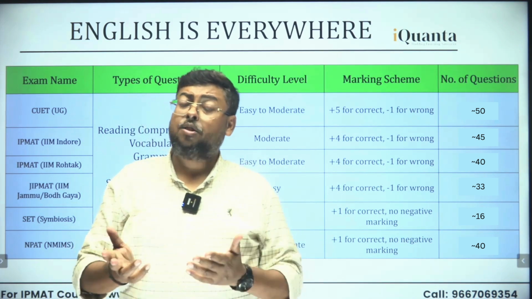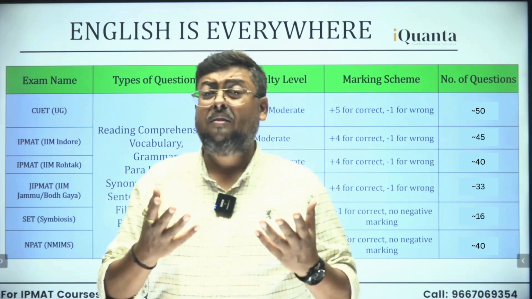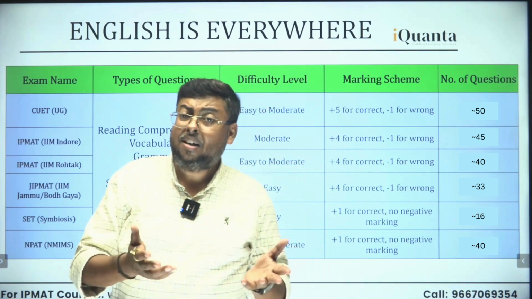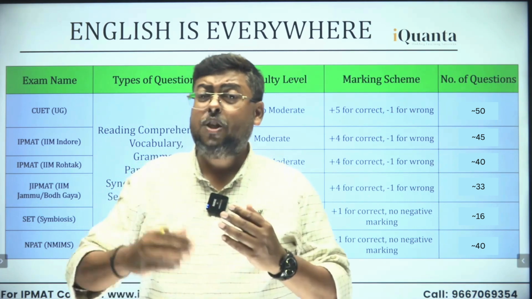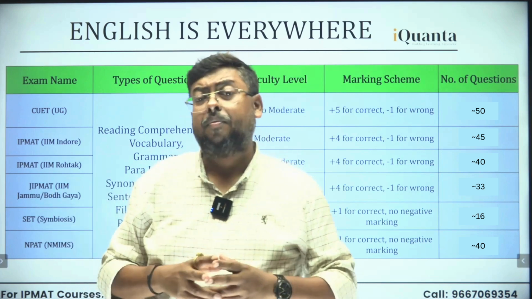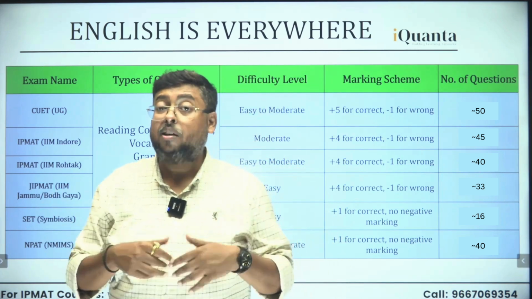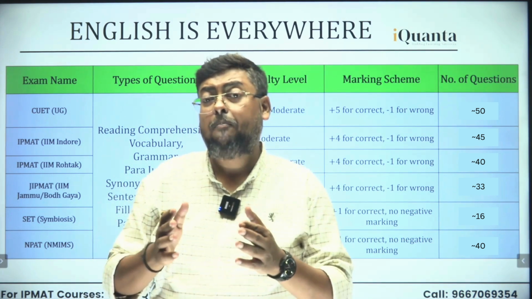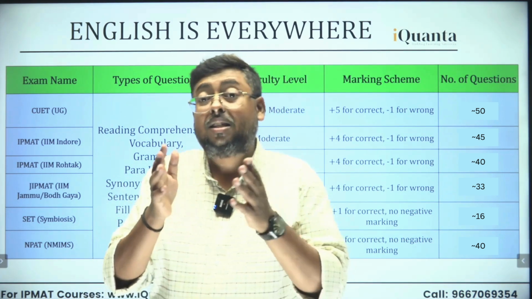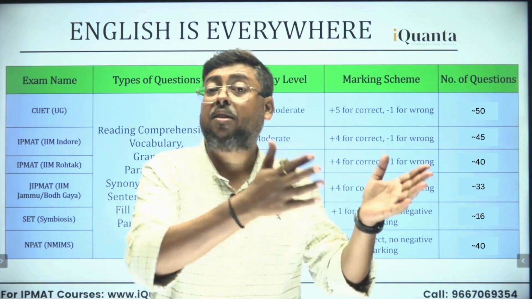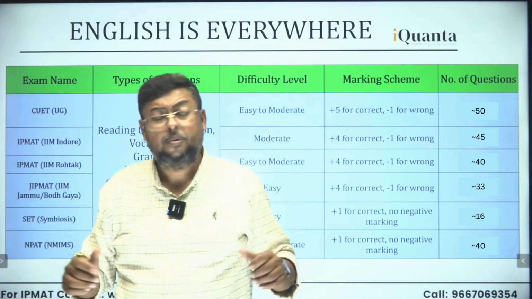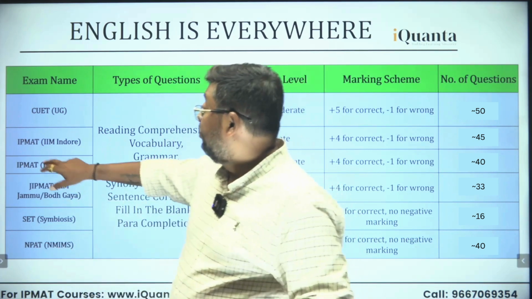Somewhere they might ask you to find the error in the sentence. In some other place, it might ask which would be the better phrase. In some questions, it might ask which of the following parts or phrases is correct. So instead of asking for the error, they are also asking which is the correct part. Understood? So let's move ahead.